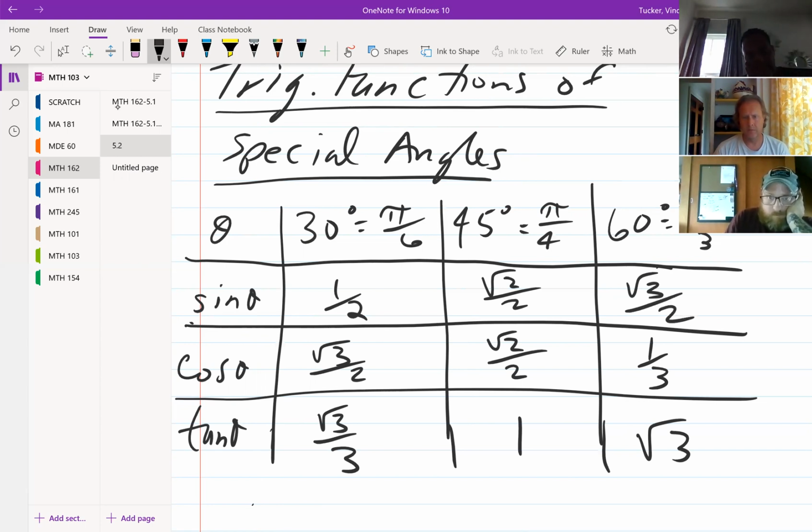All right, so sine of 30 degrees is going to give you 1/2. Sine of 45 degrees is square root of 2 over 2. Sine of 60 degrees, square root of 3 over 2. Then cosine of those respectively are these values here. And then the tangent of those are these.